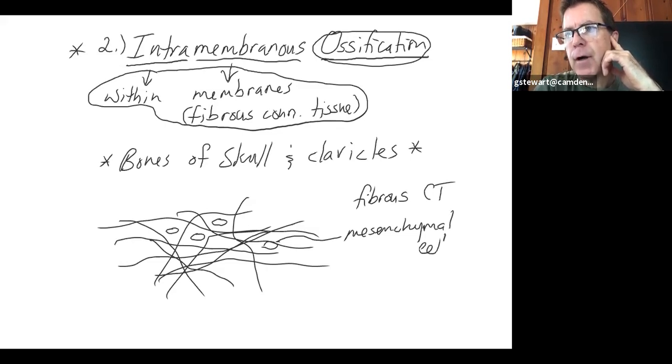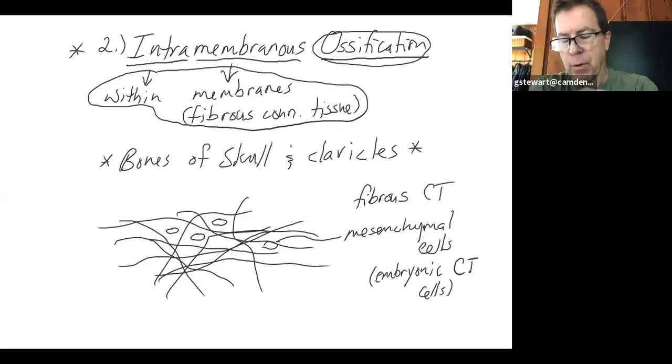Mesenchymal cells are just embryonic connective tissue cells. So every single type of connective tissue that you went over in our last unit, all those connective tissue propers, meaning loose, dense, all cartilage, all bone, all fluid connective tissue, basically are developed from these basic cells when we are embryos.